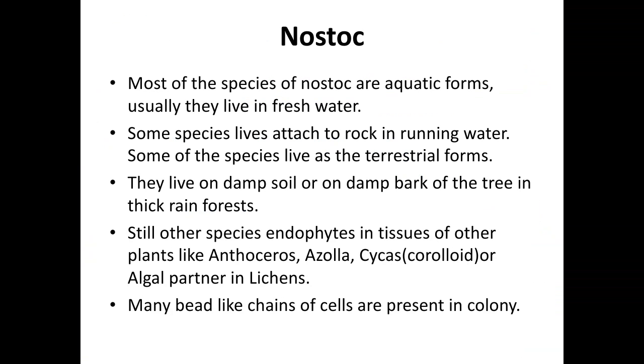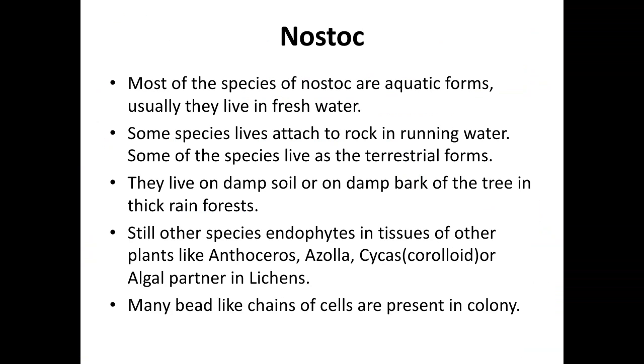Now, in case of lichens, the lichen thallus consists of two partners, one partner from fungi, another partner from algae, and they live together as endophytes. They are present inside the thallus, and this case was also present in Anthoceros thallus.